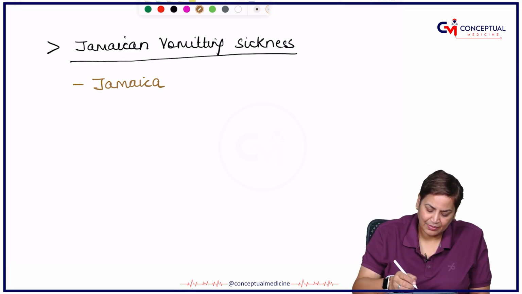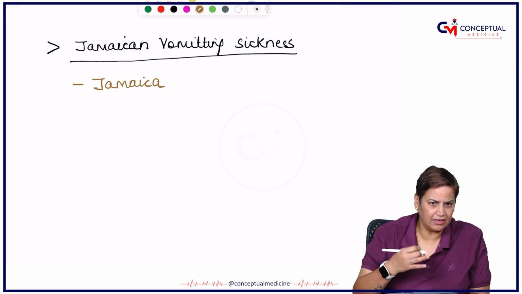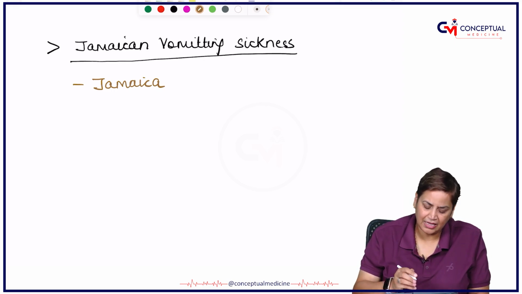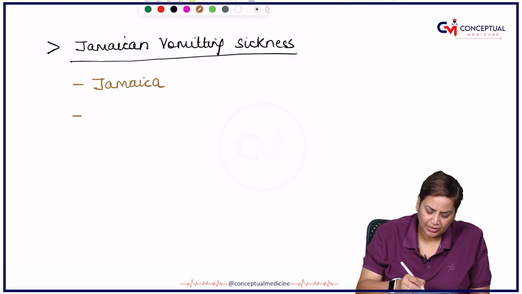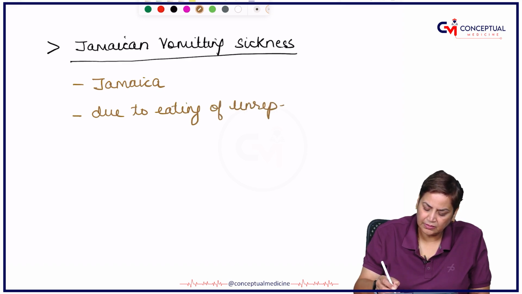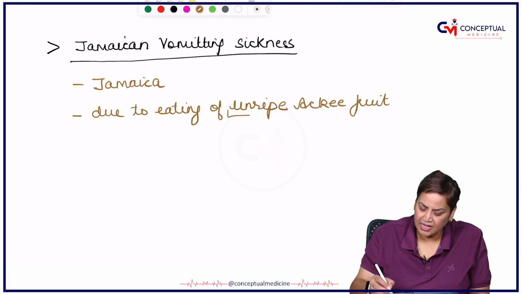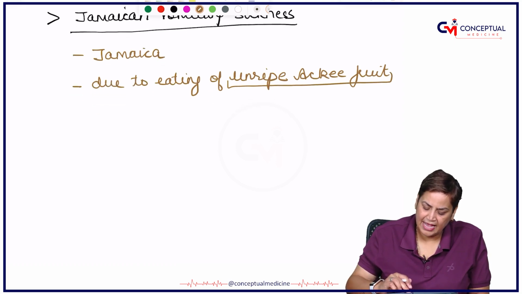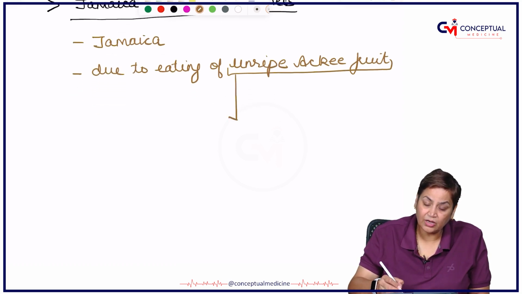Okay. So since it is present in the native people of Jamaica, and it is due to eating of unripe ackee fruit. This unripe ackee fruit has a toxin called hypoglycin.